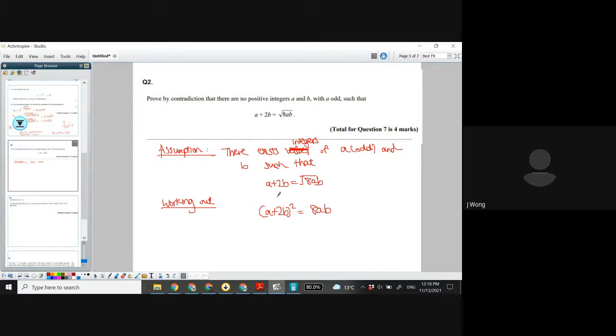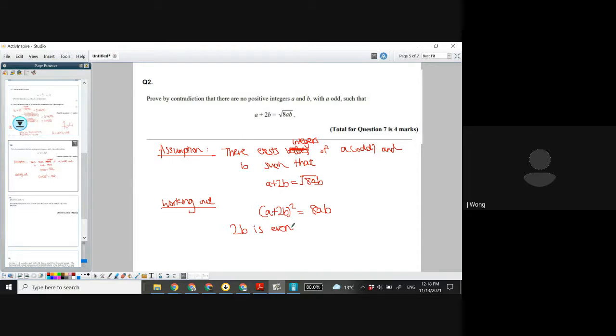Now, if you just look at a plus 2b squared, it doesn't matter if b is odd or even, 2b is an even number.